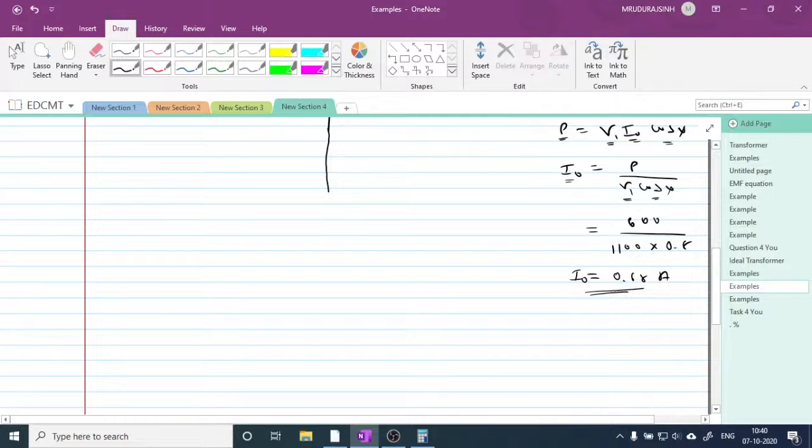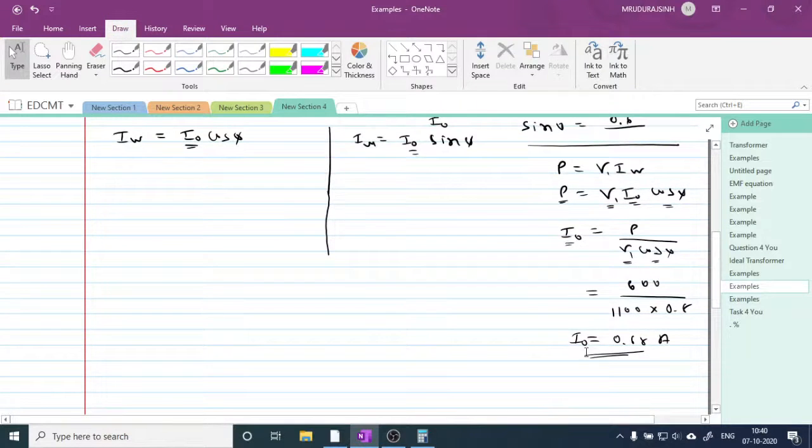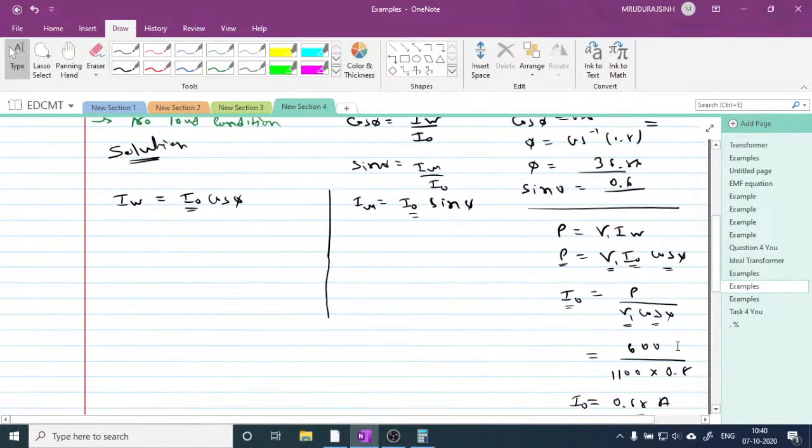So that's our I0. So please, if you have made any mistake, correct it. So I0 is 0.68 ampere.